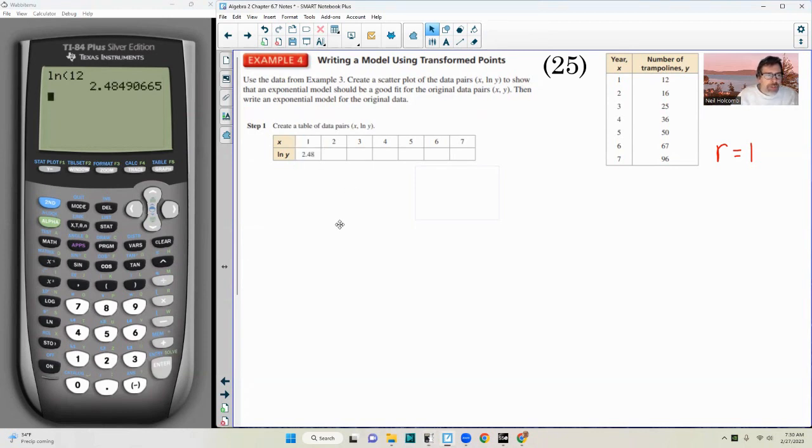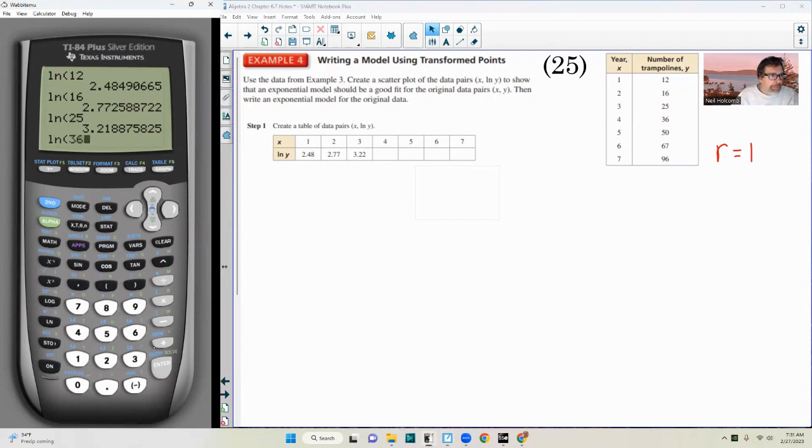So there's 2.48. Then I want the natural log of 16. And that's 2.77. Then I want the natural log of 25. So we just keep doing this. And that's 3.22. Watch how you round. 3.22. Natural log of 36 is the next one.